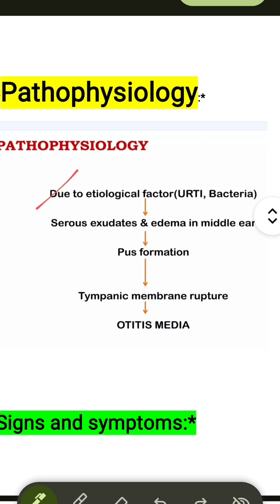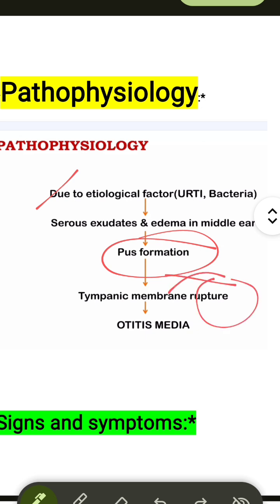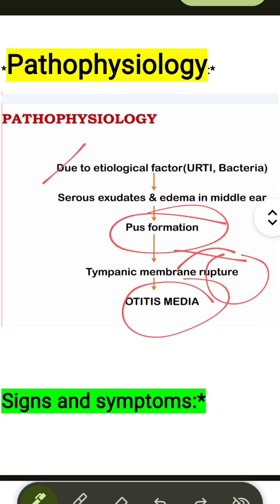After that, pus formation, meaning some pale yellowish discharge will be there. Next, the tympanic membrane will rupture, and it will lead to otitis media. Otitis media, we know, is the infection or inflammation of the middle ear.